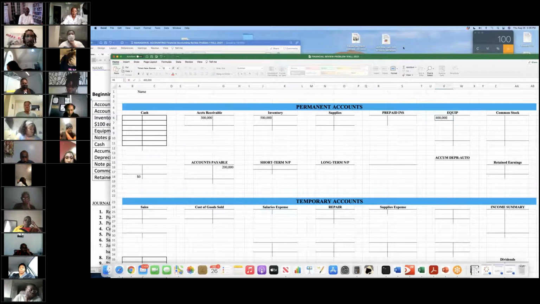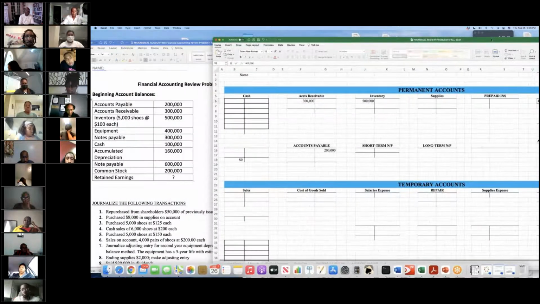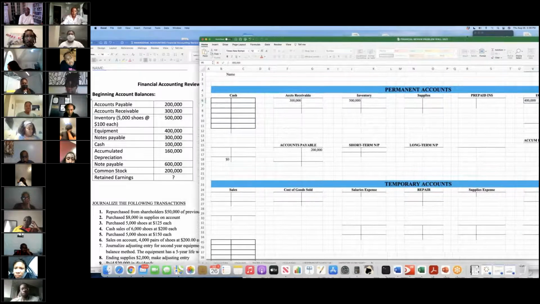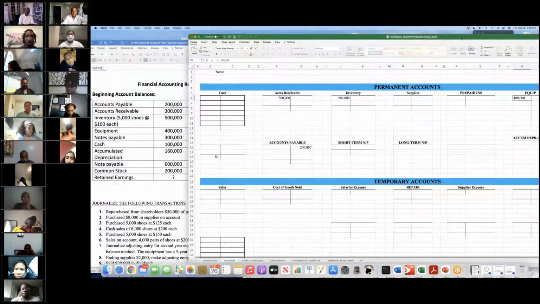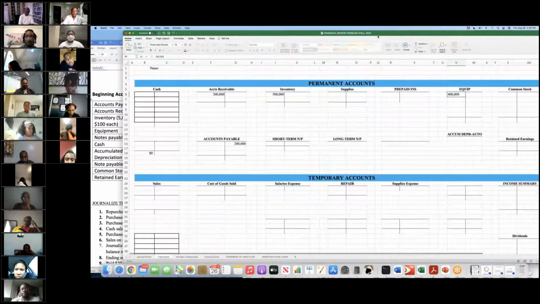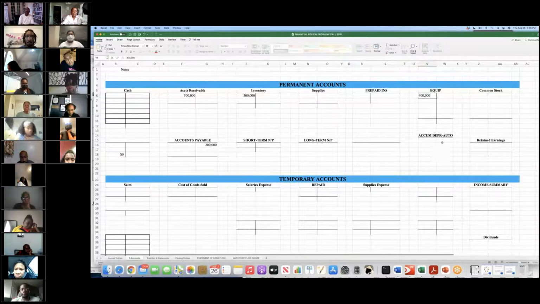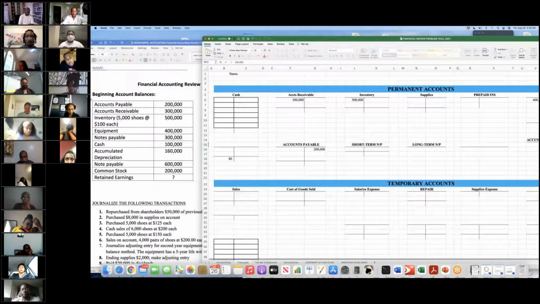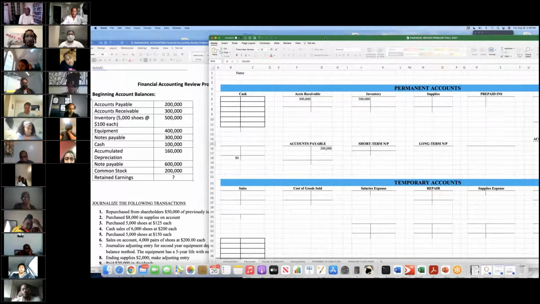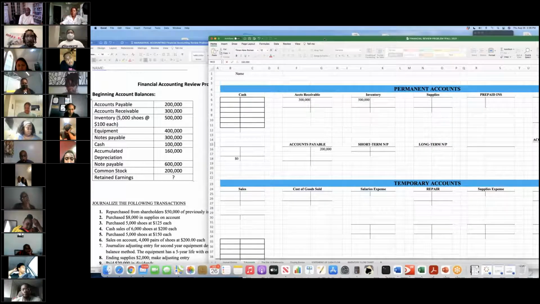Equipment was bought last year, so the accumulated depreciation on the equipment, we go down here, was 160. What are we going to do with the 160? Credit it. It's going to be on the credit side. Because assets have debit balances, liabilities have credit, accumulated depreciation has a credit balance.